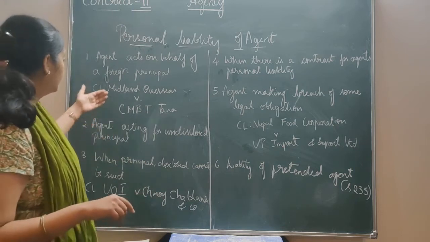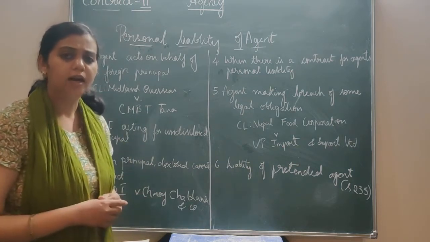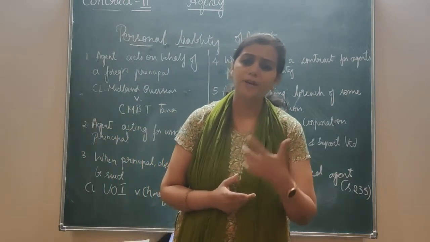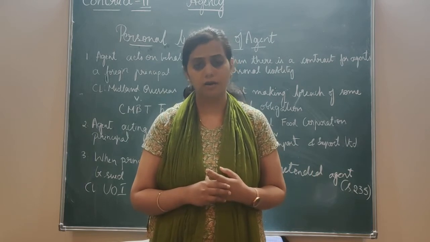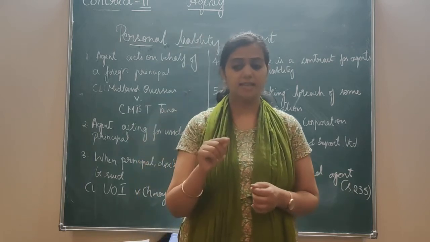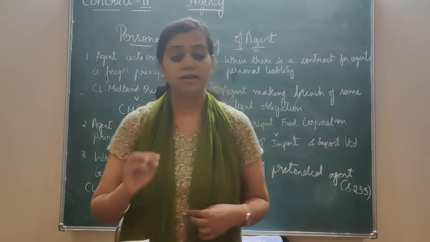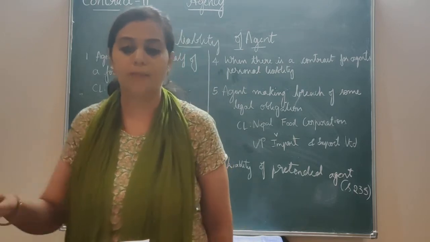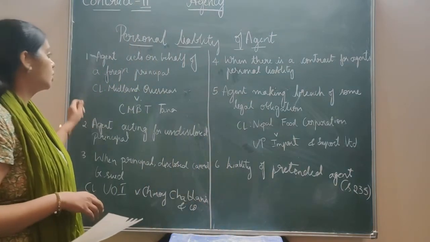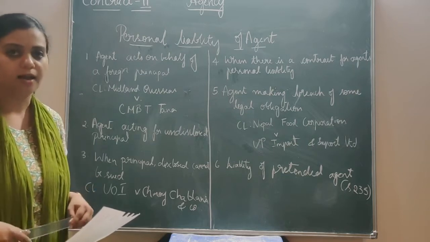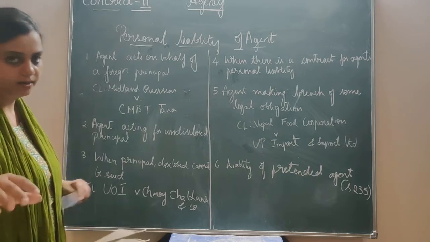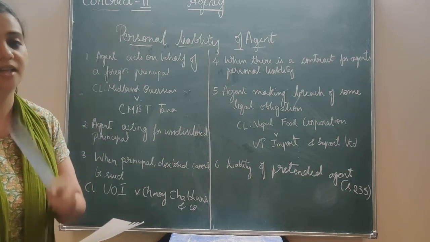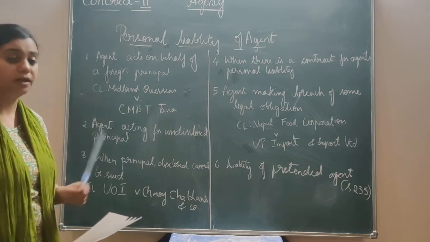So this judgment tells you when exactly the agent does not become personally liable in business transactions. If he voluntarily says that he does not want to take the responsibility, then he does not become personally liable. That is what is given in this case. So, when agents act on behalf of a foreign principal, they become personally liable unless they have a contract stating that they do not want to become personally liable.